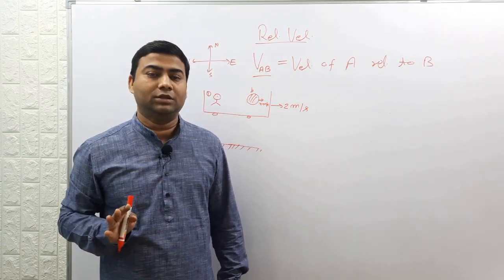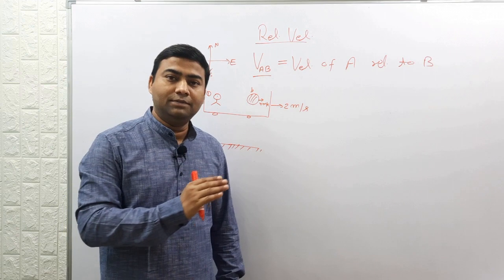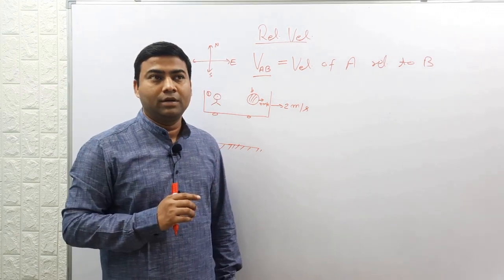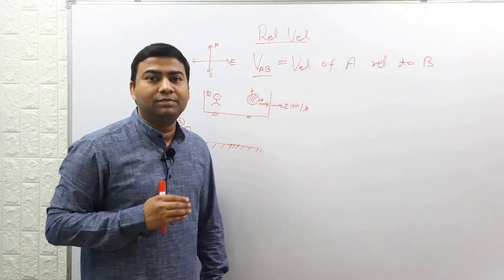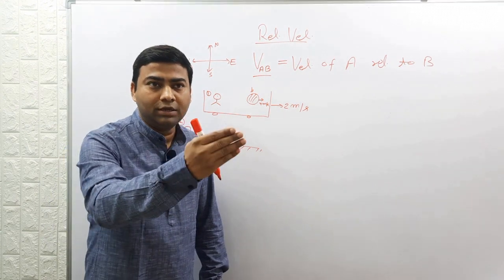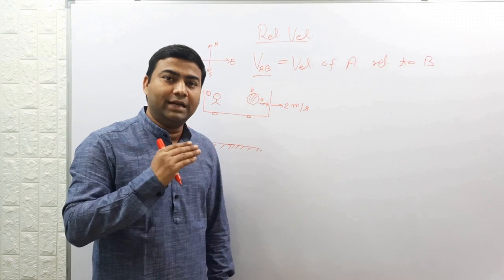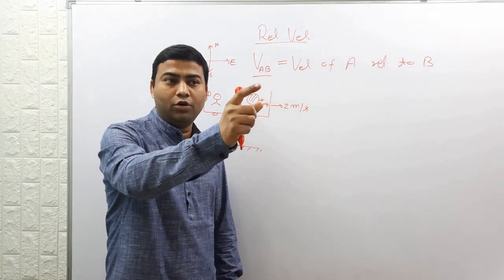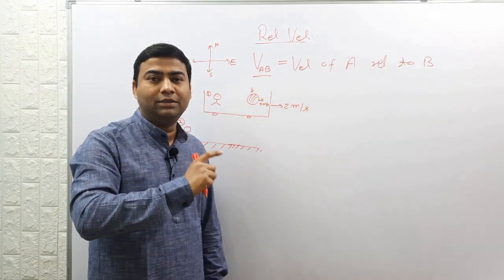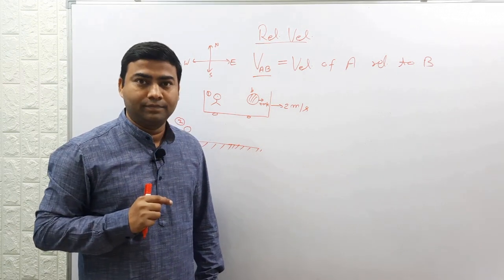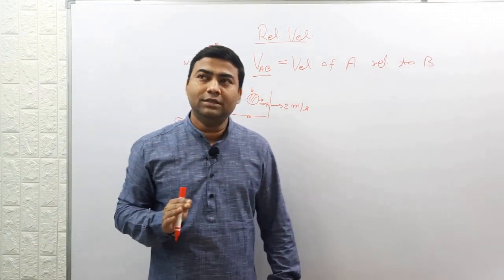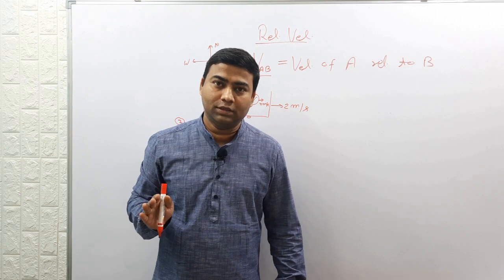That is the relative velocity of the object relative to the observer. That is the simple, general definition of relative velocity.